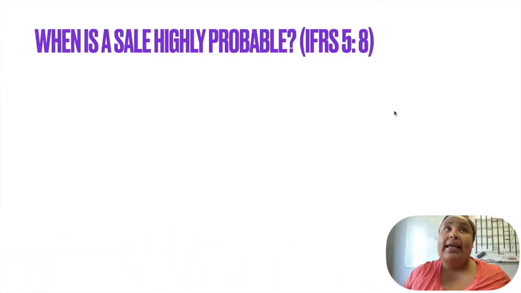Okay, now in paragraph 7, we said that we can only have the asset recognized as held for sale if it's available for immediate sale and the sale is highly probable. Now, what does it mean for a sale to be highly probable? Really, paragraph 8 is where we look for guidance, and it gives us 6 criteria to determine whether a sale is highly probable.